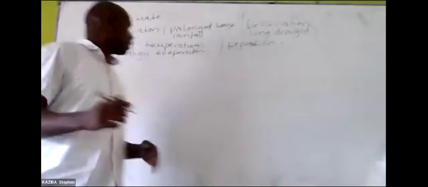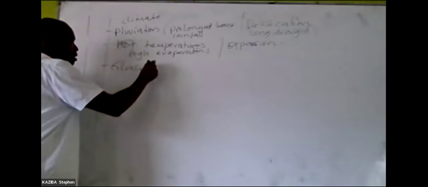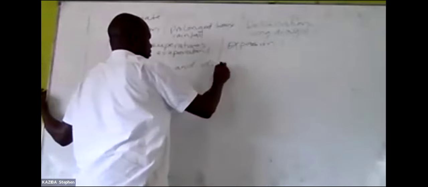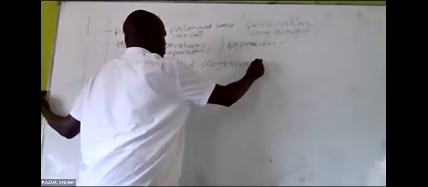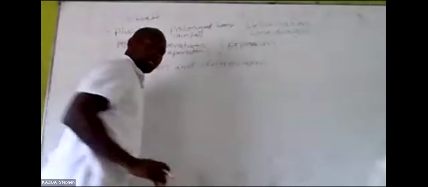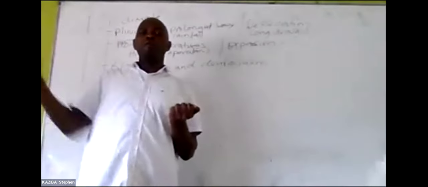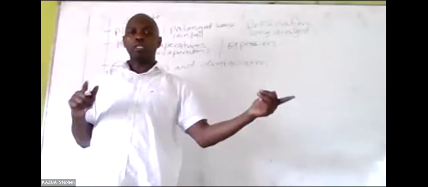Hence, then you talk about glaciation and deglaciation. Where glaciation occurs, it means water freezes, and rivers cannot flow from the mountainous areas to water bodies.